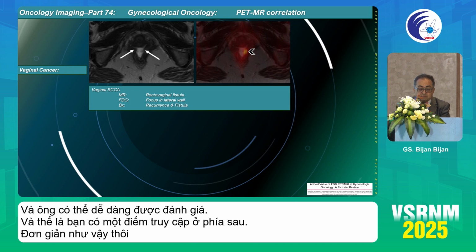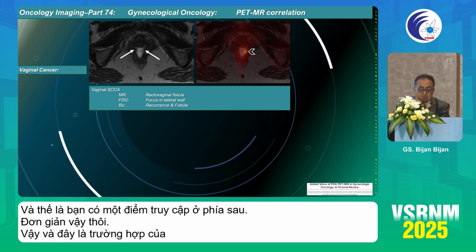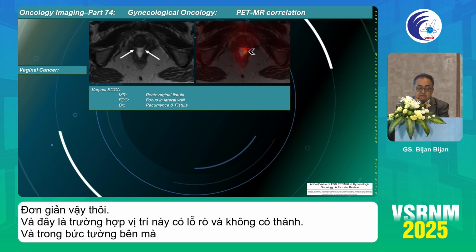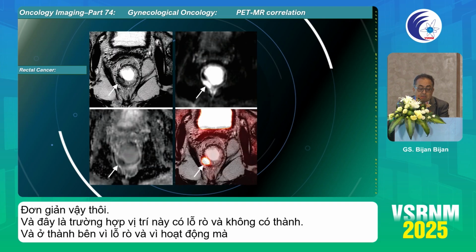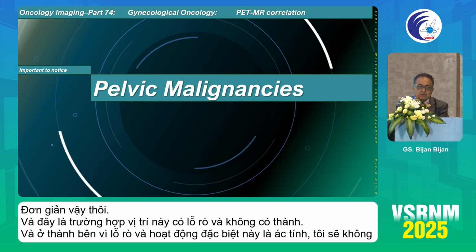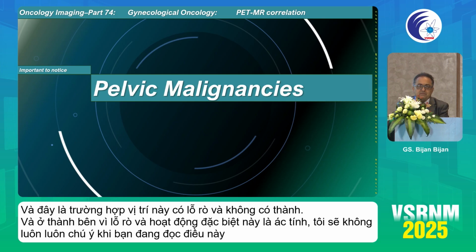So this patient has a fistula in the lateral wall. This patient has a rectovaginal fistula, and you see this focus of activity, which makes it a malignant one.